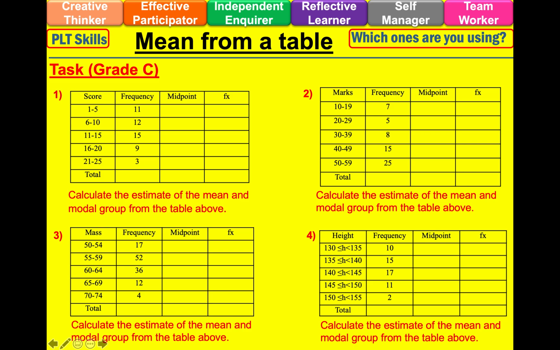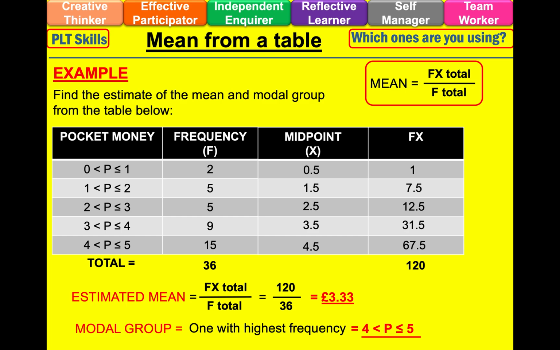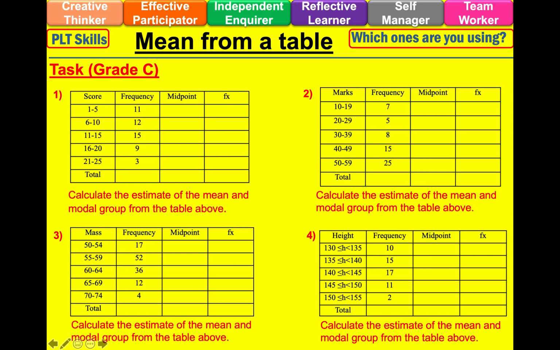Okay, so I want you to have a go at these questions. Remember, you have to work out the midpoint, you have to work out the f of x, and then you have to use this formula, which is here, to work out the mean. So there are 4 questions for you to attempt in this lesson.